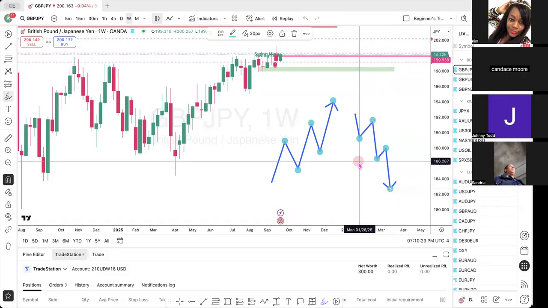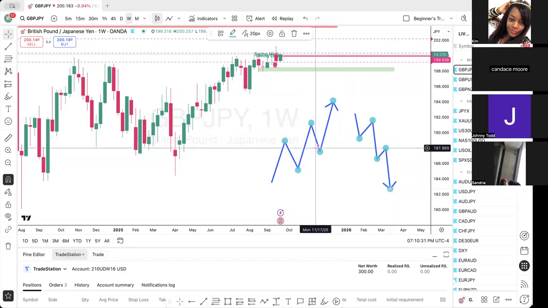And I mentioned on the Sunday call that I pretty much call those the swing highs and the swing lows. It's just easier for me to say.